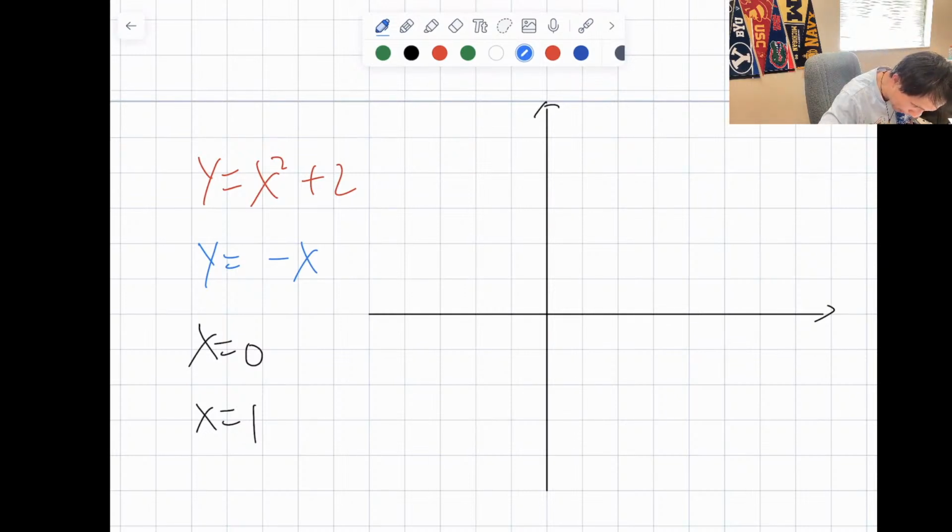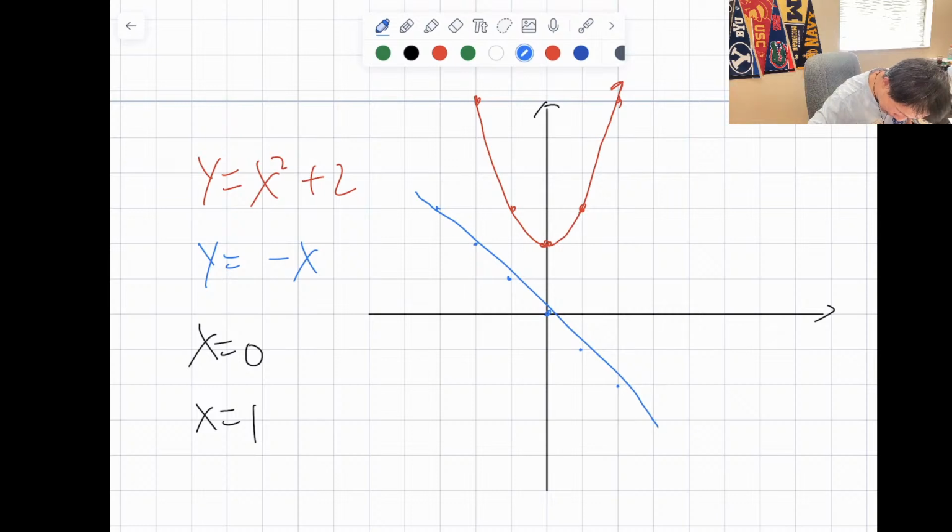So in this particular case, did you graph it? X squared plus 2 should be a parabola going up 2. Does that make sense? So that should be like this. And negative x should be like this. And x equal to 0 is going to be right here.